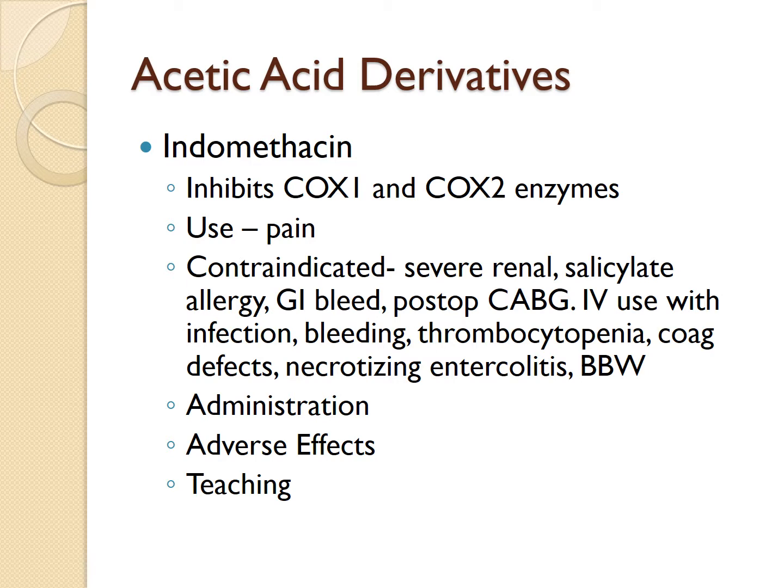Adverse effects of indomethacin and all of the acetic acid derivatives are GI bleed and bleeding ulcer. Abdominal pain, distension, vomiting may occur, so we've got to be assessing the patient for that. Central nervous system adverse effects can be headache, dizziness, somnolence, and insomnia.